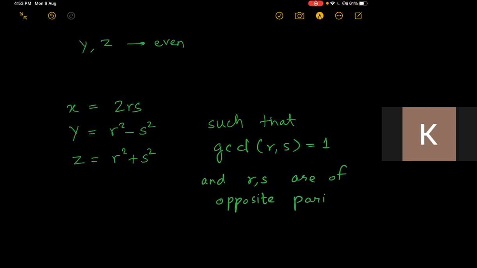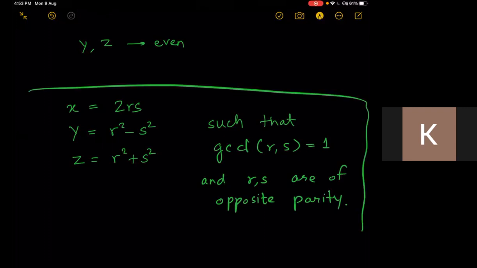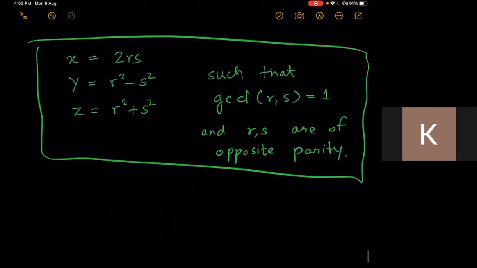Means one is odd, one is even. So this is our solution for the Pythagorean theorem. You just put values of r and s such that these conditions hold and you will get new Pythagorean triplets. You can try for values of r and s at home.